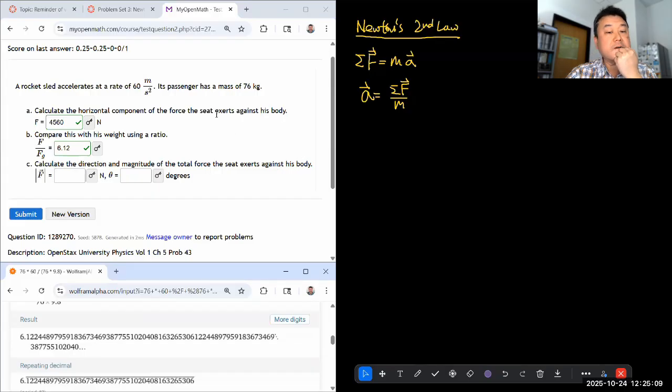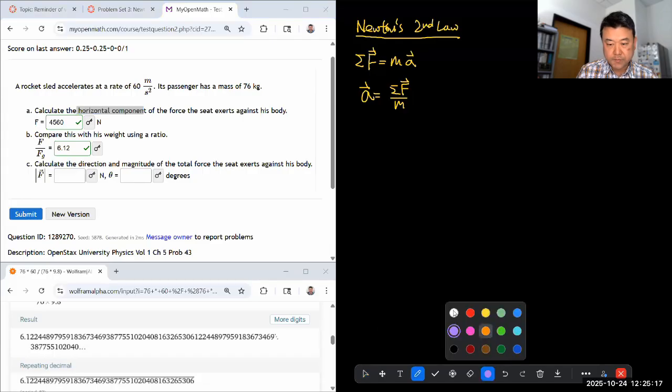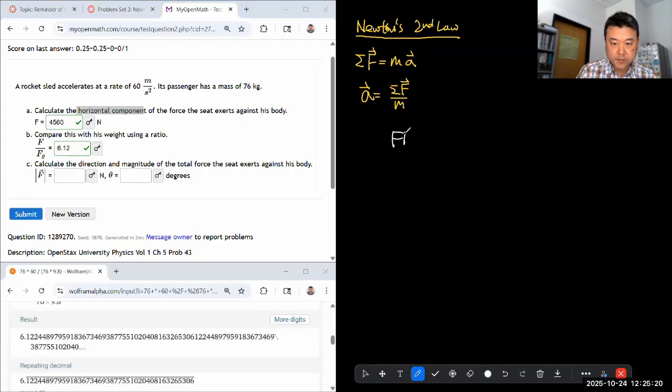Interesting. So we have a horizontal component and we have a vertical component. If I'm drawing a quick free body diagram to make sure I correctly understand the setup, then on this passenger there are actually 3 forces, of which we are asked for really 2.